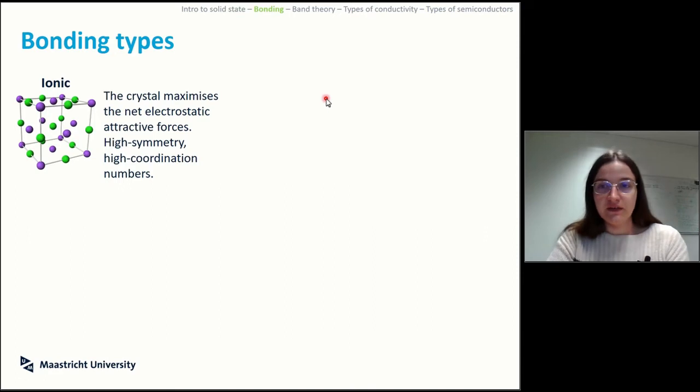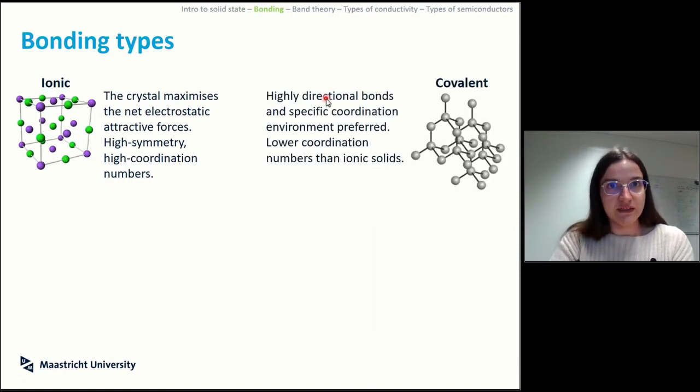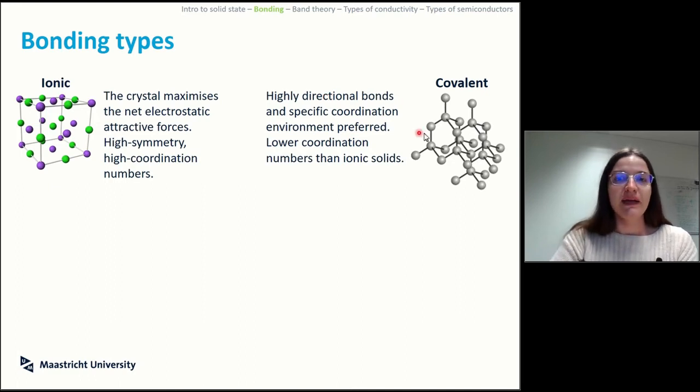On the other hand, you can also have a covalent bond in a solid, but a covalent bond is not trying to maximize how many atoms you actually cram together interacting with each other. It's trying to maximize something different, which is to optimize the directionality. So you don't want as many atoms as possible. You want all the atoms arranged in a very, very specific position, very directional.